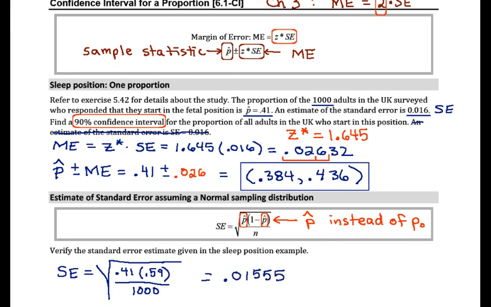And we can see ours was rounded to 3 decimal places. So rounding here, since the next digit is a 5, we would round that to 0.016. So now we can see that we could find a confidence interval even without being given a prior estimate of the standard error, if all we know is the sample proportion and the sample size.